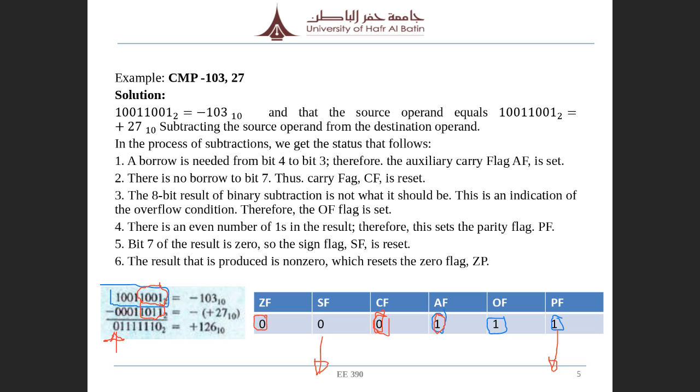Clear now? So two examples here: a negative number and a positive number. Is that okay?